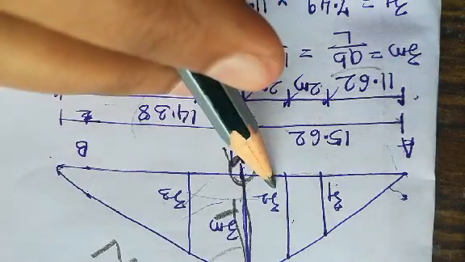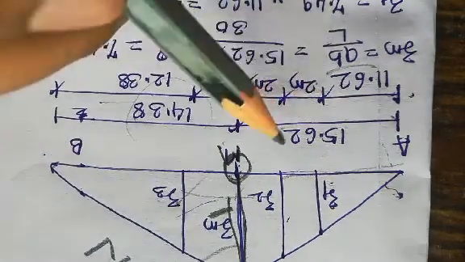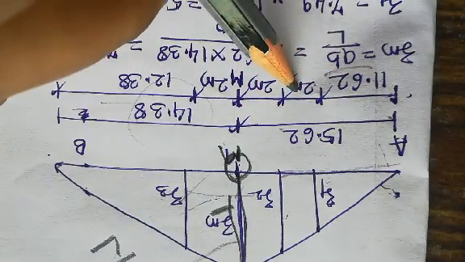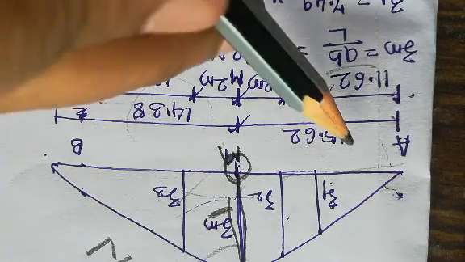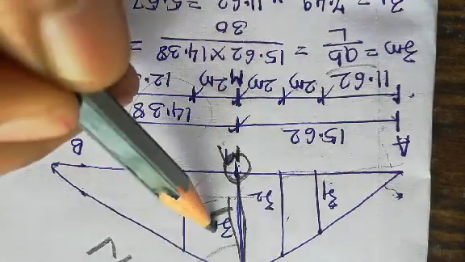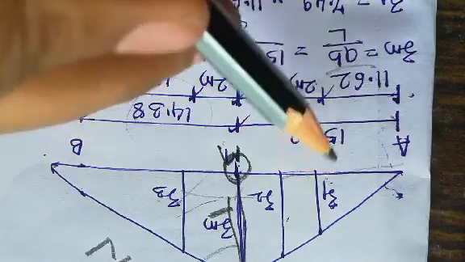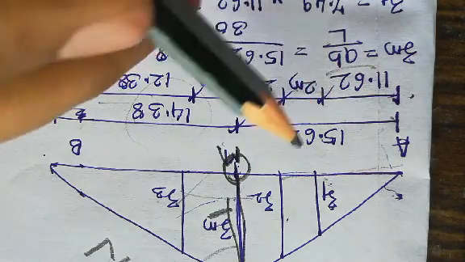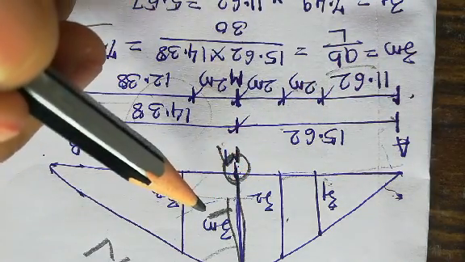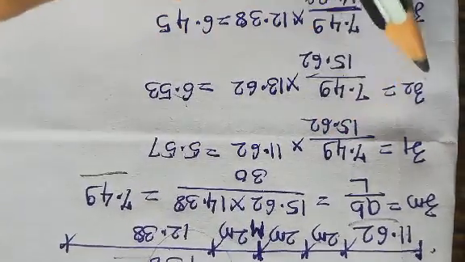7.49. Z2 will be what? This distance, that is 11 plus 2, 13.36 divided by 15.62 multiplied by Zm. Z1 will be 11.62 divided by 15.62 multiplied by Zm. So you will get Z1, Z2 and Z3.